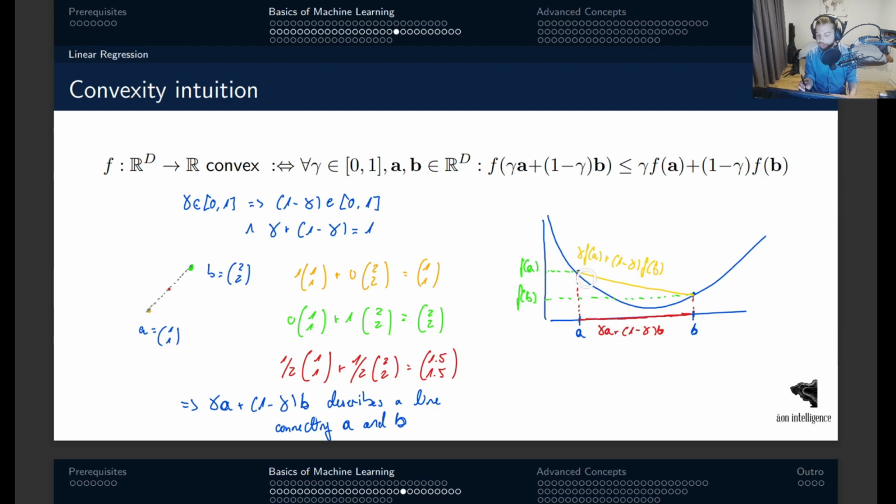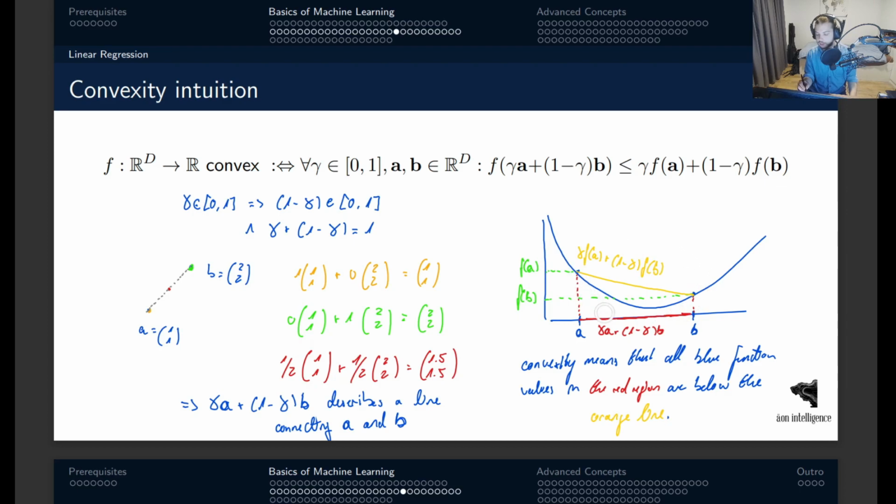So here's f(a) and here's f(b), and from this result we observed that gamma times f(a) plus 1 minus gamma times f(b) is the line connecting the point f(a) and the point f(b).